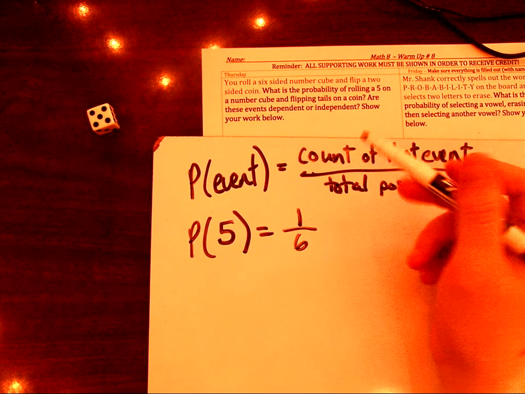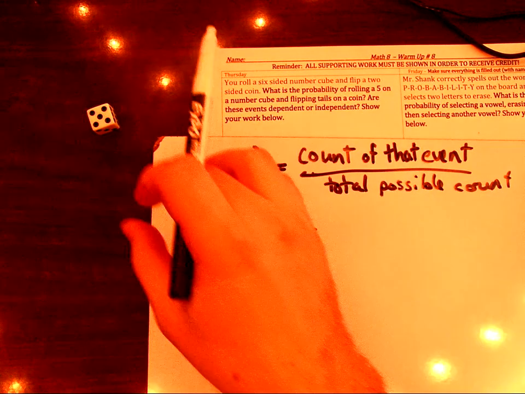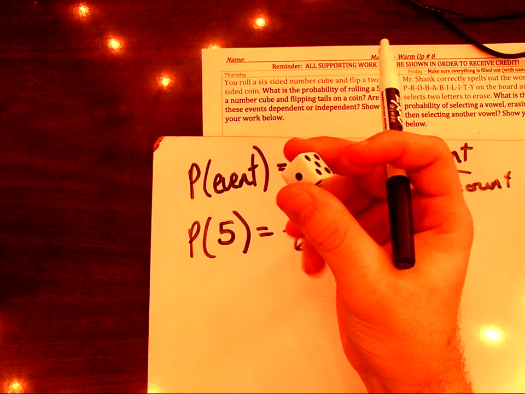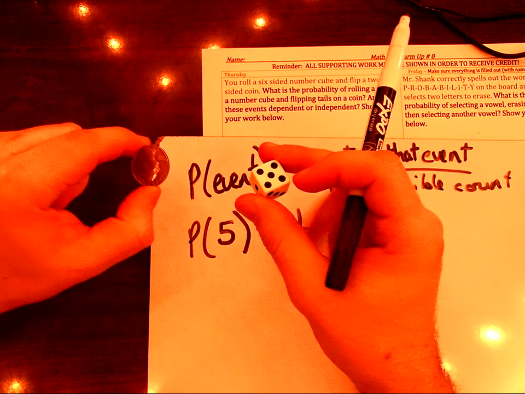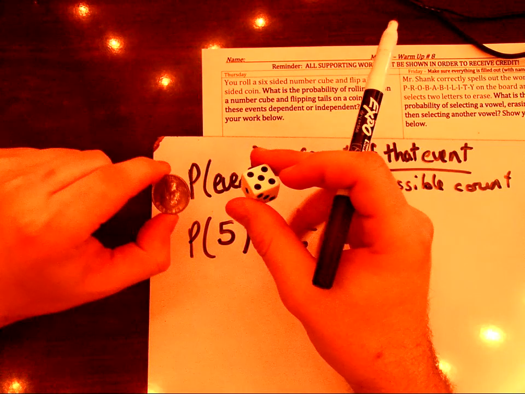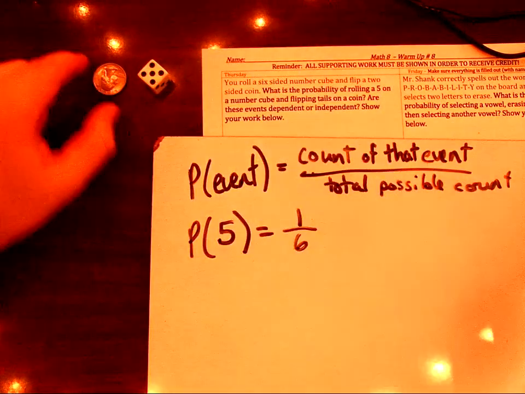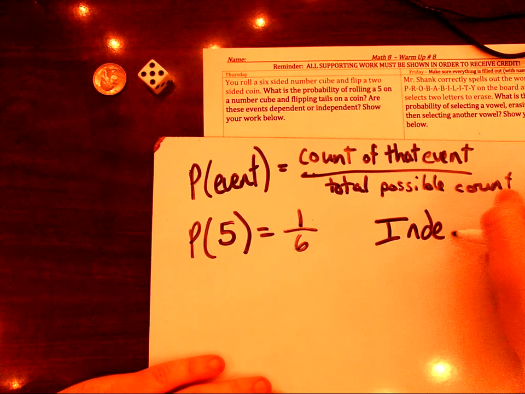So now, are these events independent or dependent? If I roll this die, does a side fall off? Does it affect if I flip this coin on either side? These don't interact with one another, so therefore it does not change, meaning they are independent.